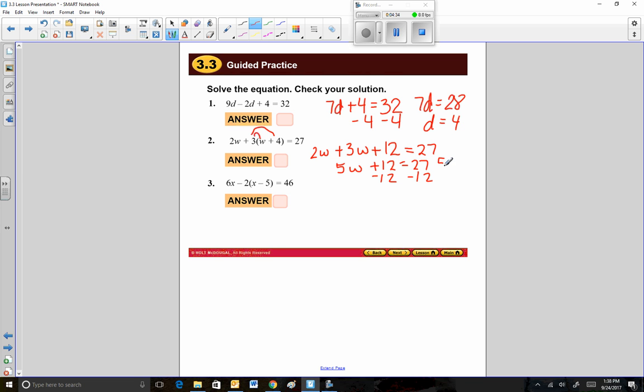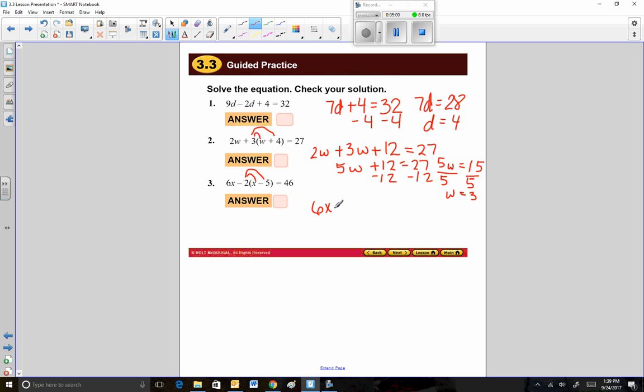And now we have 5w equals, 7 minus 2 is 5, and 2 minus 1 is 1. Now we have 5w equals 15. We need a single w. So divide both sides by a 5, so we get 1w. 1w, therefore, we have to equal 15 divided by 5, 3.